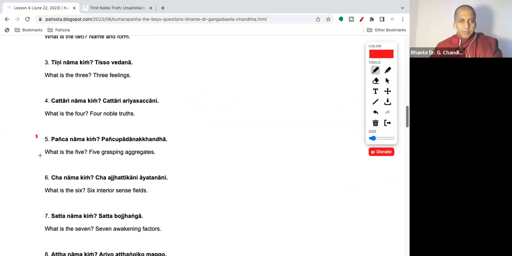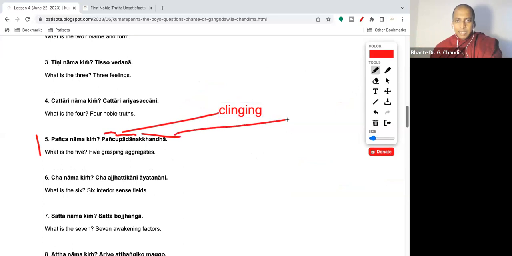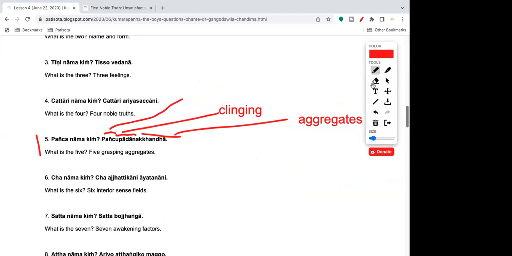Right, Pancha Upadana Kanda. Pancha means five. Upadana means clinging. Kanda means aggregates. Where is your clinging going to work here? For the five aggregates. What are the five aggregates?